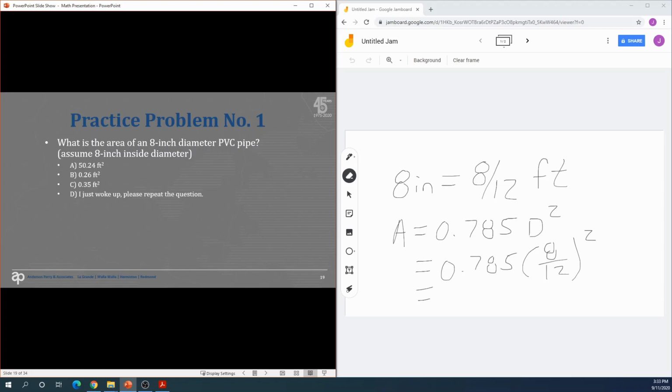Then exponents is next in our order of operations. 8 divided by 12 is equal to 0.6667. We're going to square that answer, then multiply it by 0.785. We get an area of 0.35 feet squared. The reason we have an area of feet squared is because this 8/12, our diameter, is in feet. So we have feet to the second power, which is feet squared.